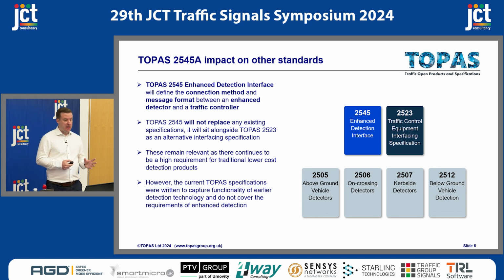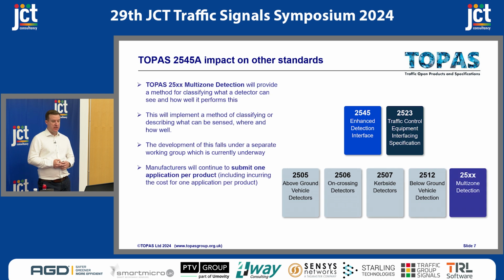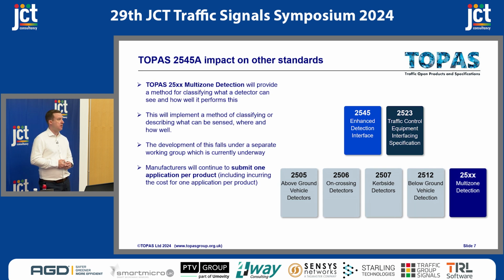However, coming back to the point I made earlier on functionality and how do you know how well a detector performs, there isn't a standard for that for enhanced detection. So there will be a new standard added to that group of standards, which doesn't have a number, 25XX, and there is a separate working group looking at developing that.